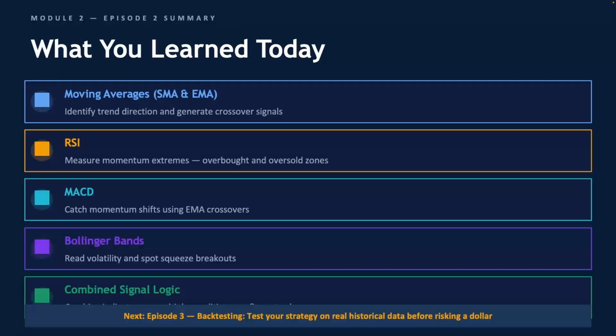Let's recap what we covered today. You now understand what technical indicators are and what job they do. You know how moving averages identify trend direction, how RSI measures momentum extremes, how MACD catches momentum shifts, and how Bollinger Bands measure volatility.